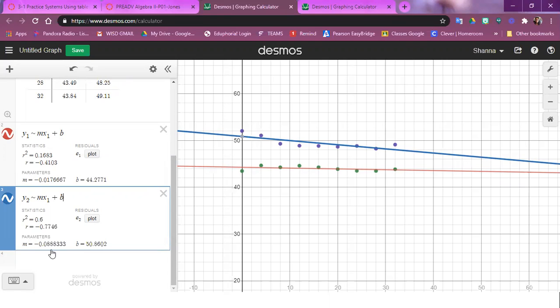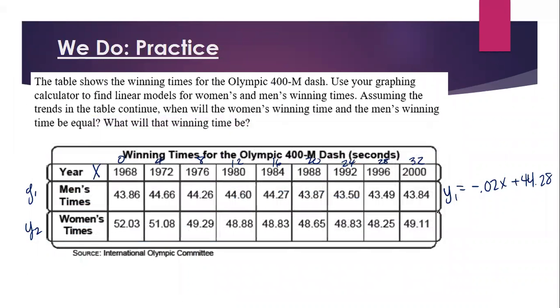So our y2 equals negative 0.09x plus 50.86.